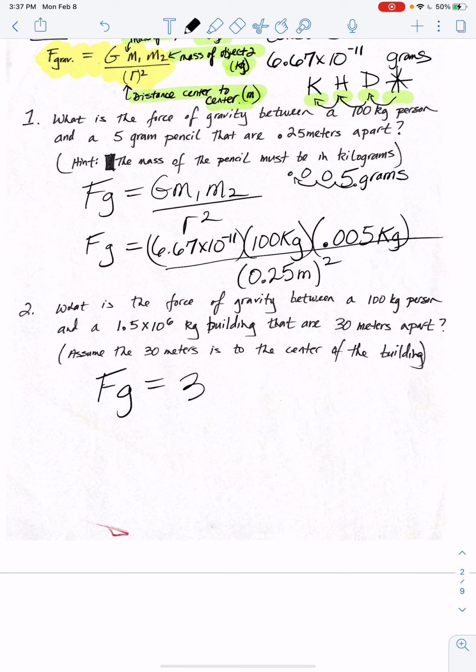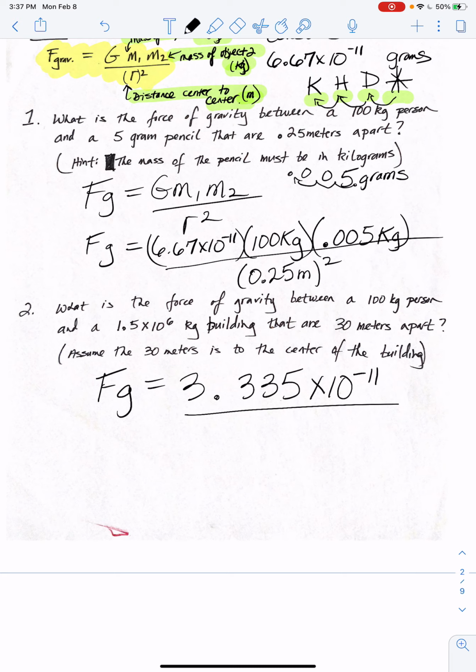If we do that and plug it in our calculator, we get 3.335 times 10 to the negative 11th on top. We're not going to worry about units right now. It would be kg squared, but we know that the big G has different units, so I'm not going to worry a ton about that.